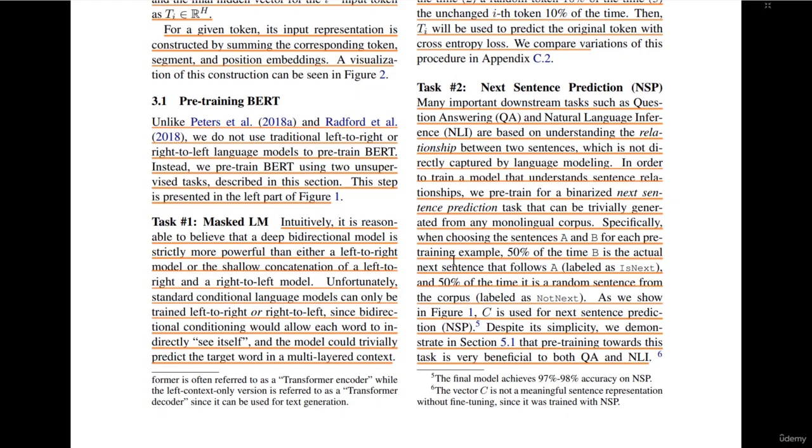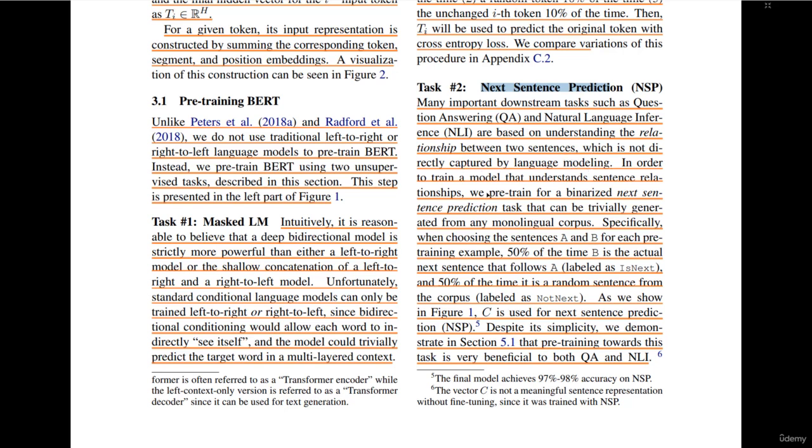Now we look at the second task, next sentence prediction. Many important downstream tasks such as question answering and natural language inference are based on understanding the relationship between two sentences, which is not directly captured by language modeling.